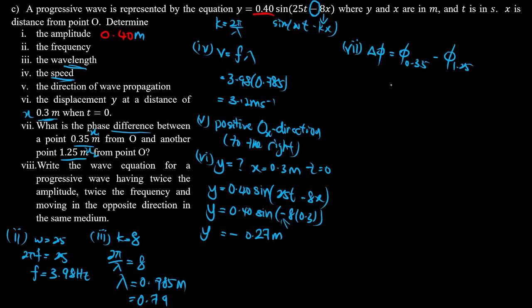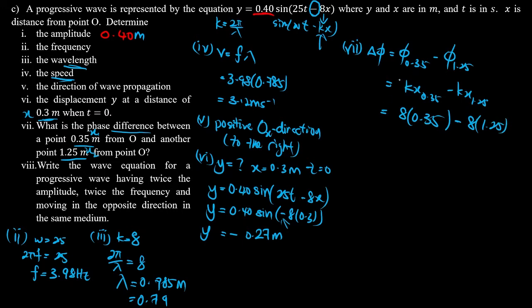So use this relation. What's your phase constant? The phase constant is equal to kx. So this one is k times 0.35, and this one is k times 1.25. Your k is 8 here, refer to here, k is 8. So now it is 8 times 0.35 minus 8 times 1.25.